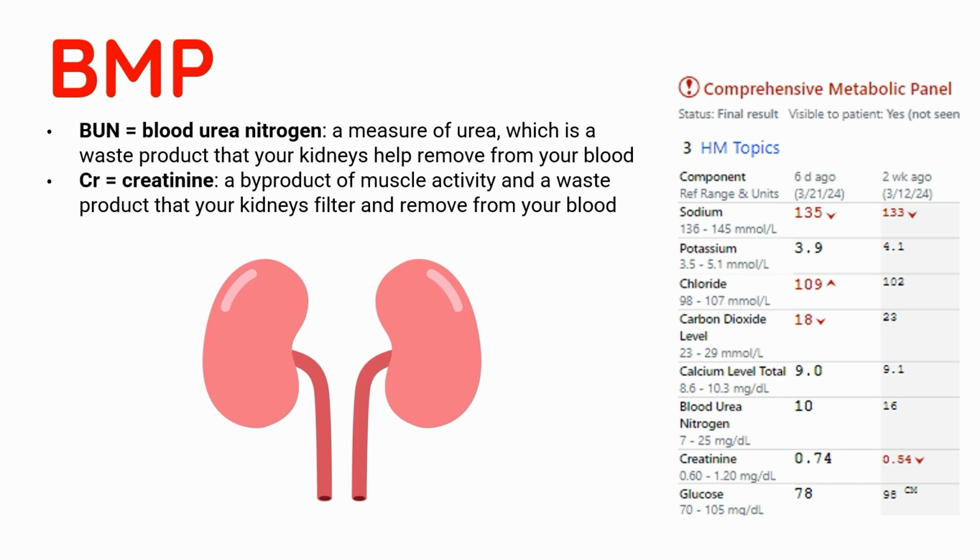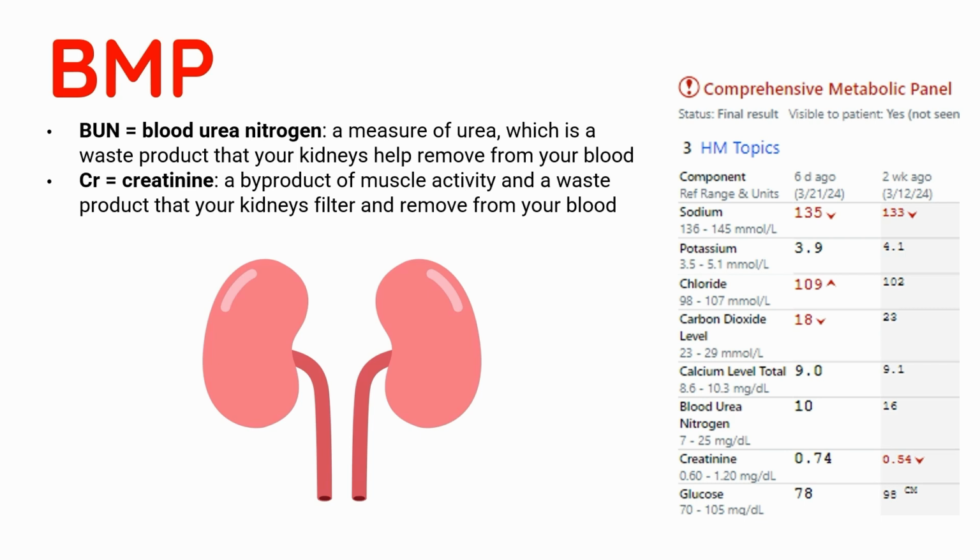I'll start with the labs in the BMP that are used to monitor your kidney function. Many of you are probably familiar with these. The first is BUN, or blood urea nitrogen. This is a measure of urea, which is a waste product that your kidneys help remove from the blood. And then creatinine, which is sometimes abbreviated with this big C little r, is also another byproduct.